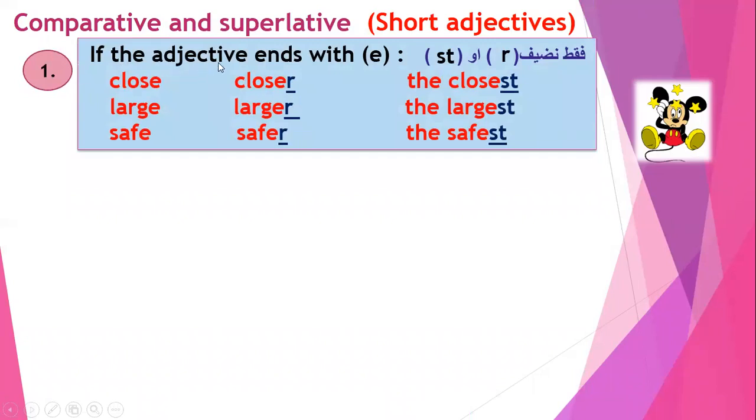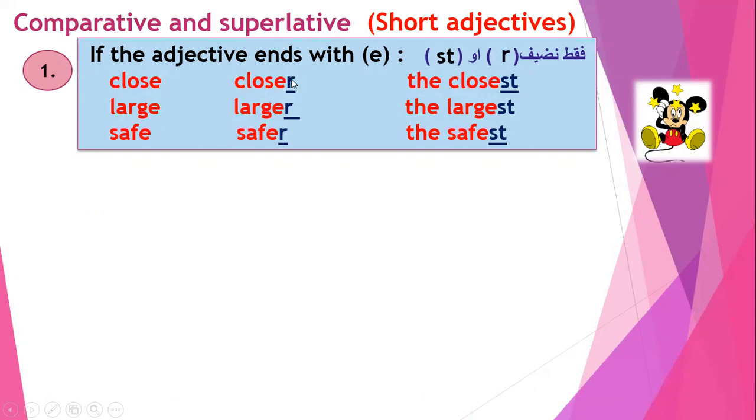Number 1, if the adjective ends with E, you just add R in comparative or ST in superlative. إذا كانت الصفة منتهية ب E فقط نضيف R في المقارنة و ST في التفضيل لوجود E أصلا في نهاية الصفة. For example, close قريب, closer أقرب, the closest الأقرب.